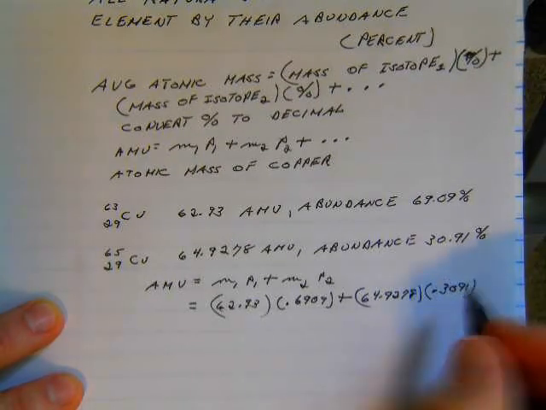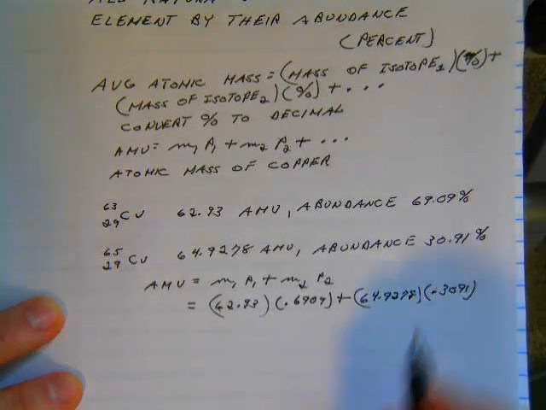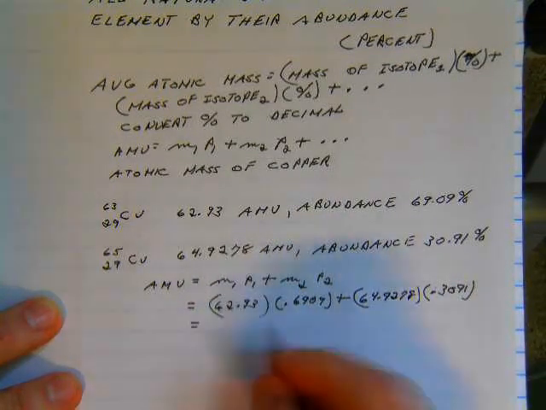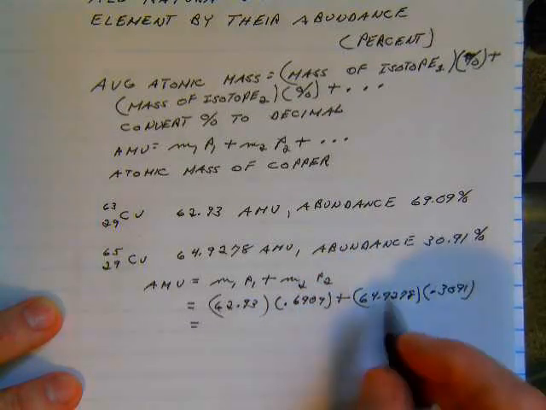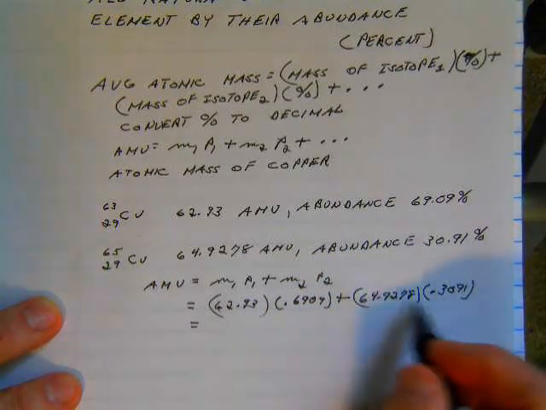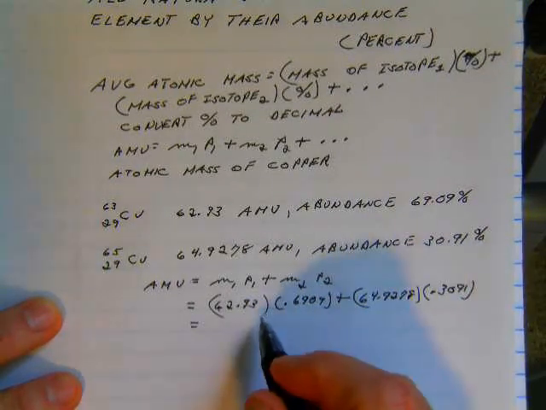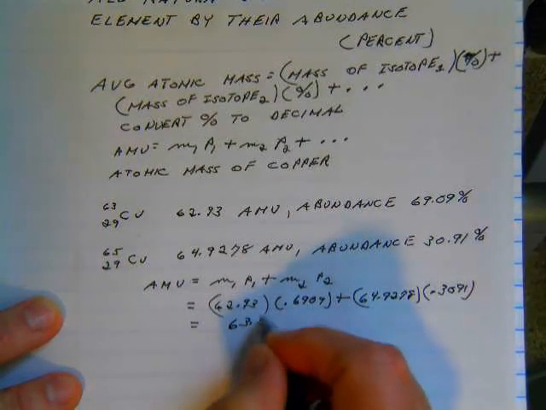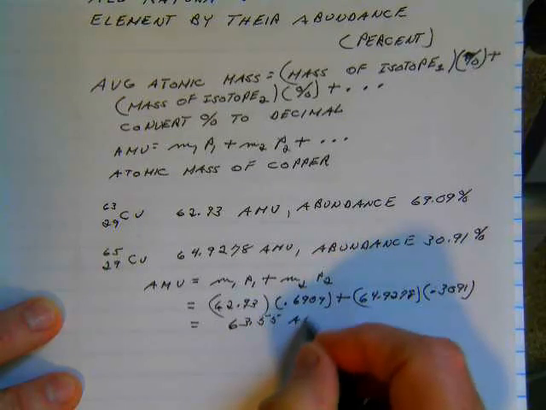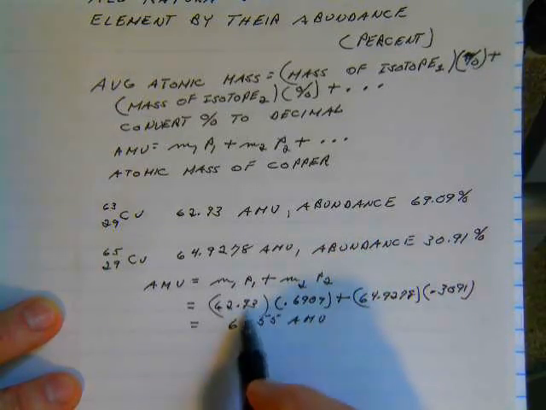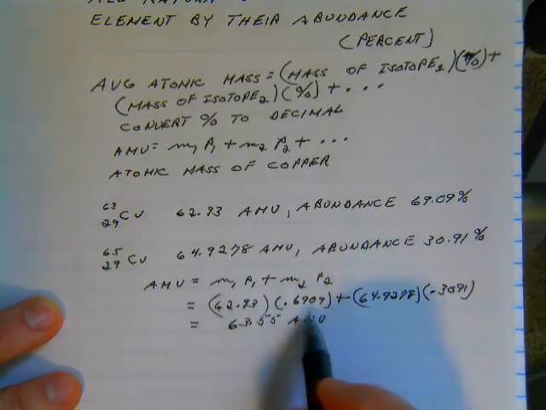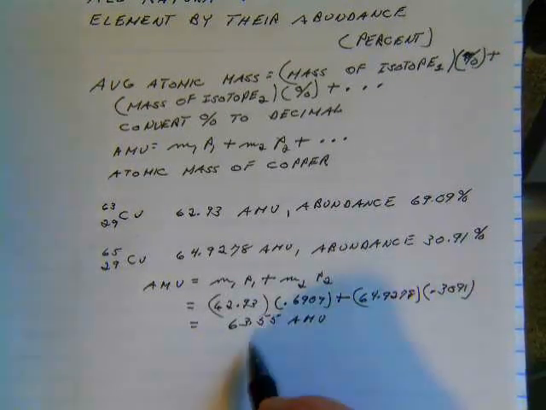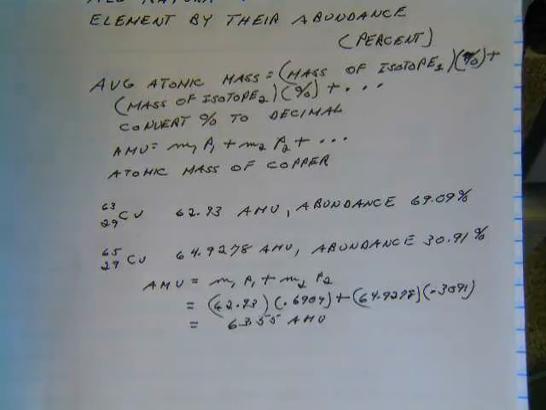If we go ahead and do our calculations, these two plus these two multiplied together, we're going to come out with an answer of 63.55 AMUs. And again, 4 sig figs, 4 and then 6 here, so our answer has to have 4. So that's how you really do those.